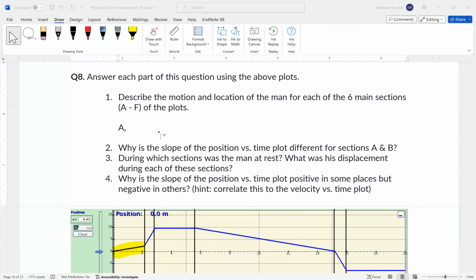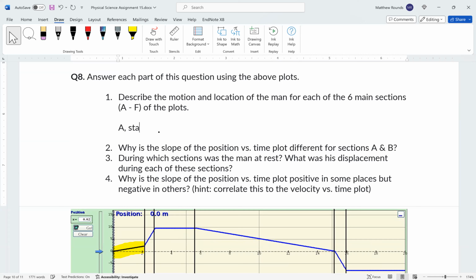So give me a sentence that says he started at 0, and we have to describe whether he went left or right. Since it's positive, he went right. So you'd say he went to the right 2 or 2.5 meters. So you want me to say he went to the right 2 or 5 meters?